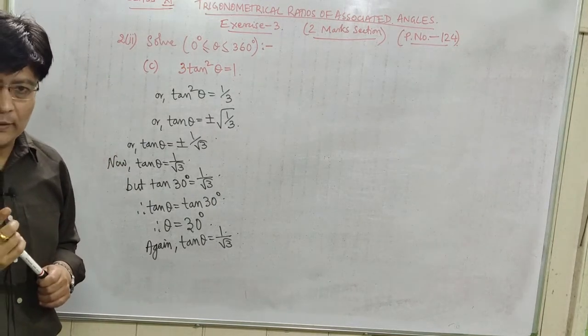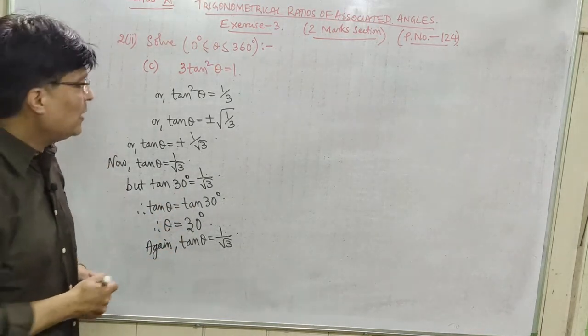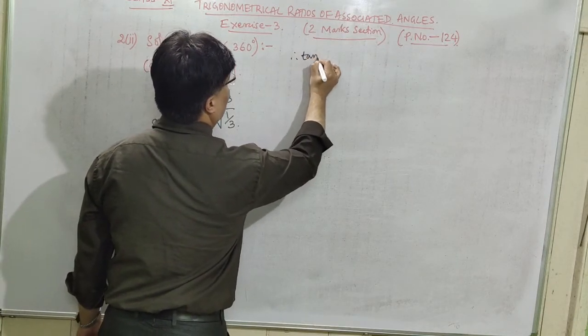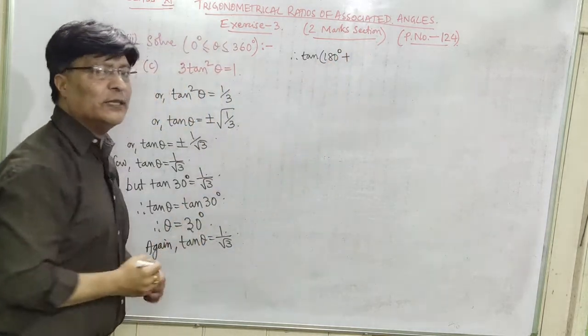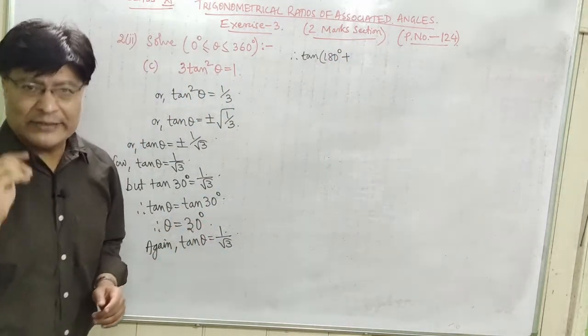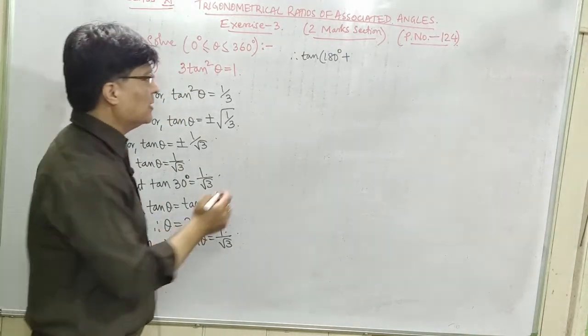In the third quadrant. Now you should find out the angle in the third quadrant here. Okay. So how can you find out the angle in the third quadrant? Tan of, you should write 180 degree plus, what will be the value for theta? Here tan is 1 by root 3. Now tan of which angle is 1 by root 3? It is 30 degree, isn't it?